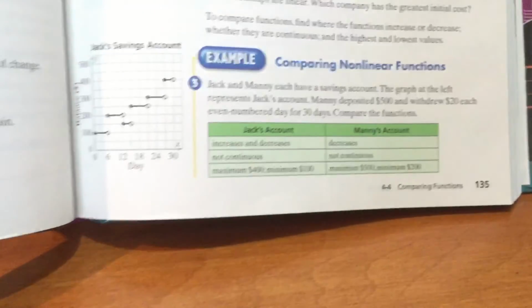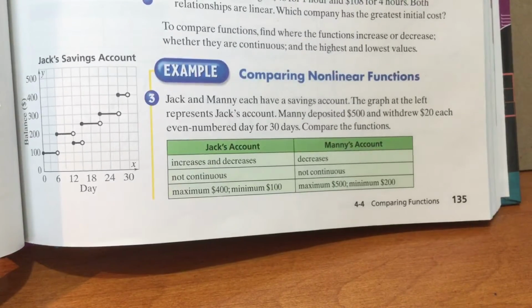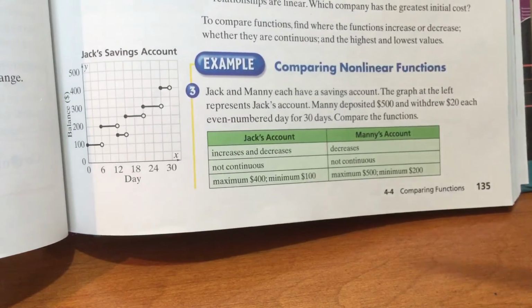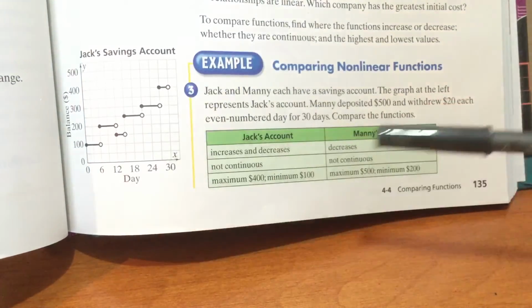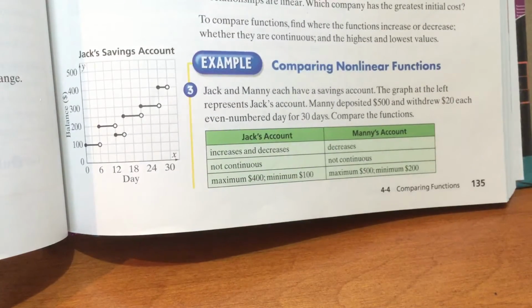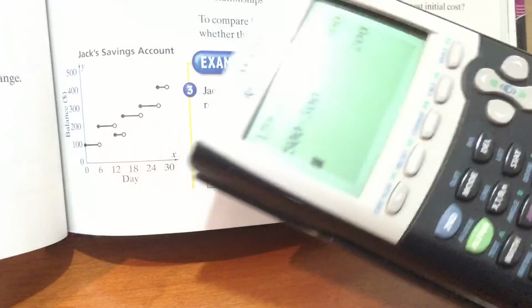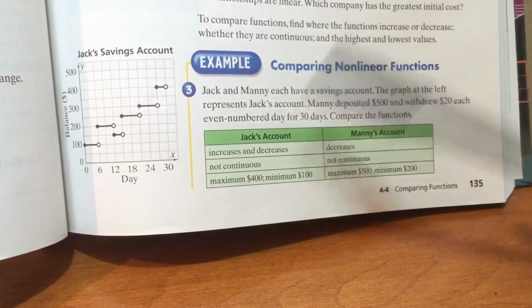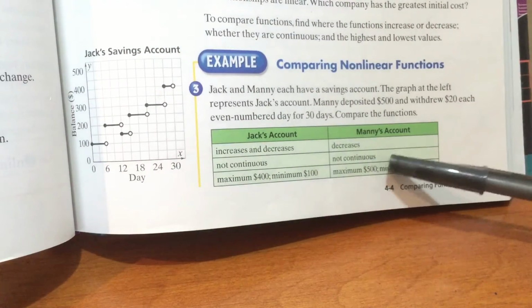So when we compare these two nonlinear functions, we find out the following. As we can see, based on this here, Jack's account increases and decreases, whereas when we look at Manny's, his just decreases. All right, they're not continuous. Both are not continuous.